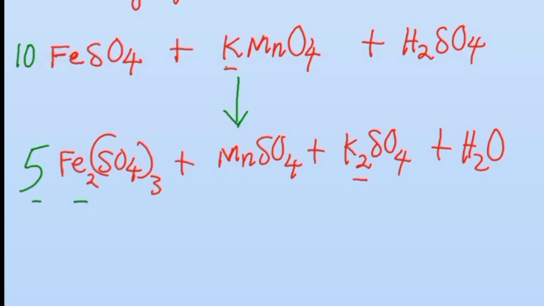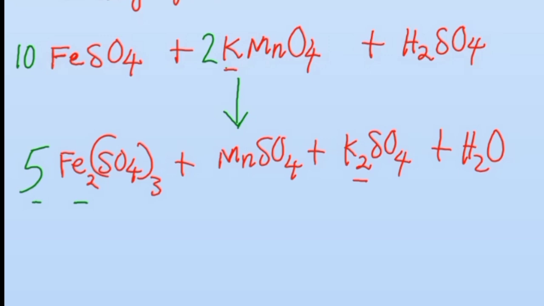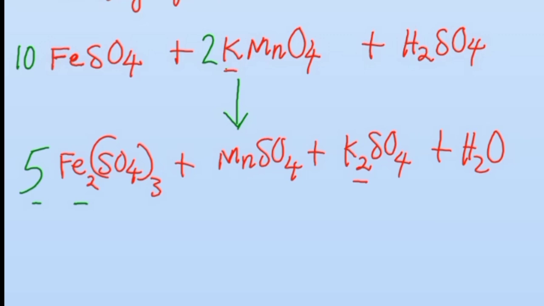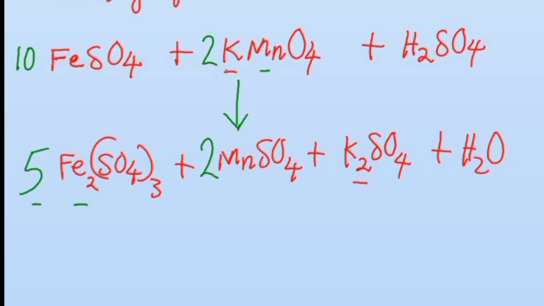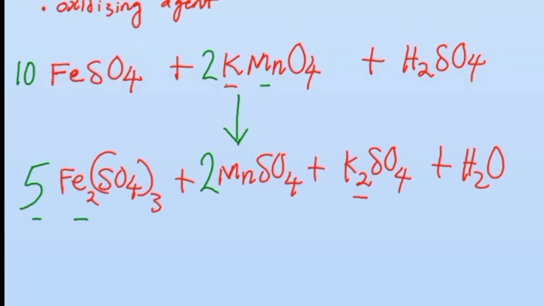To balance it, we'll just put 2 in front of potassium. Now potassium is balanced. The next positive element is manganese. Manganese is now 2 here, so make manganese 2 by putting 2 in that other part of the equation. So manganese is balanced, potassium is balanced.